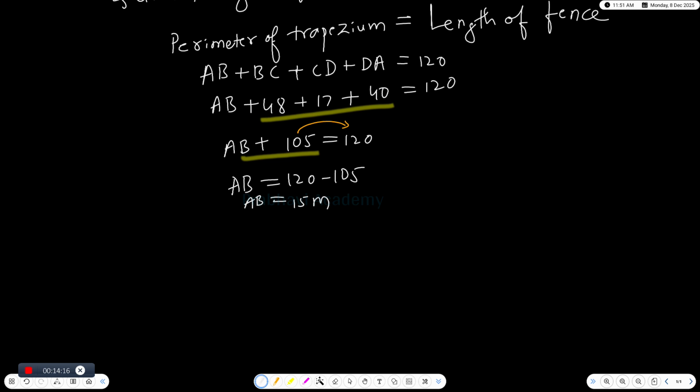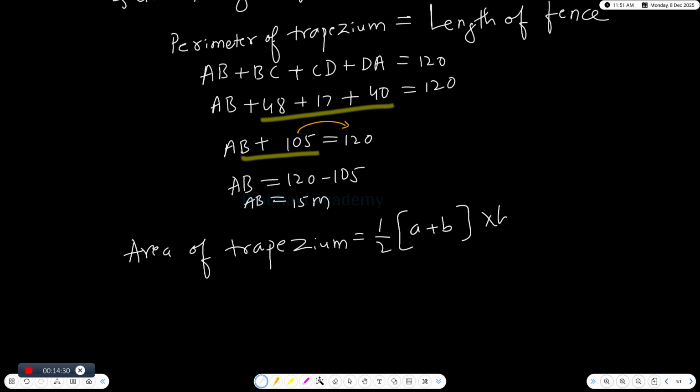Now to find the area of trapezium is equal to, formula is half into sum of parallel sides into height. Half into, here A is 40 and B is 48 into height we just got, that is length of AB is the height, that is 15.